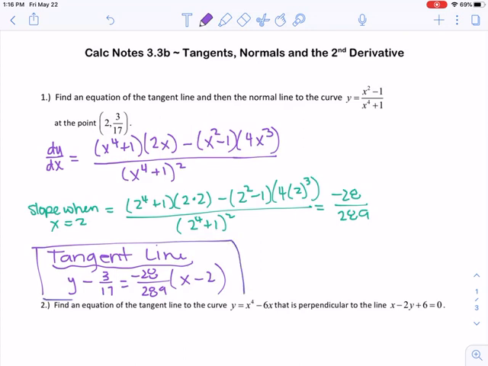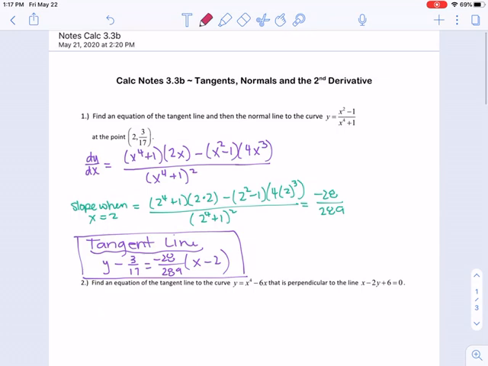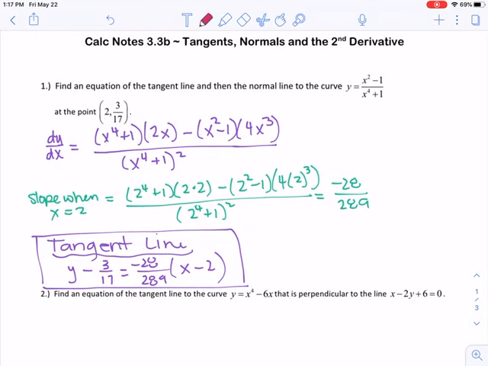But I also want the equation of the normal line to the curve. Remember, normal means perpendicular. So if it's perpendicular and I have my slope, I can flip it over and give it a negative. So now let's go ahead and find the slope for our normal line.